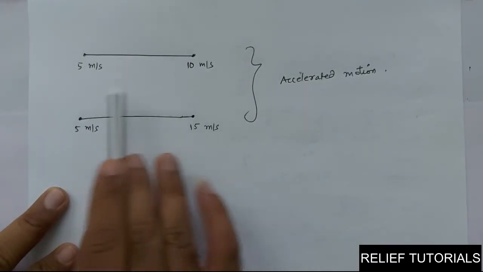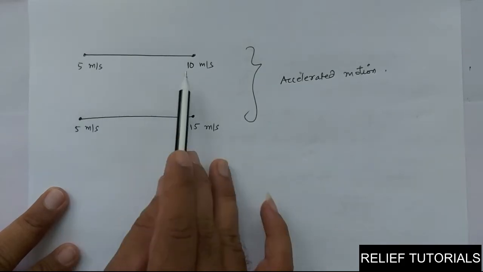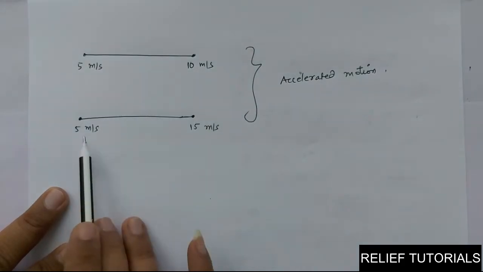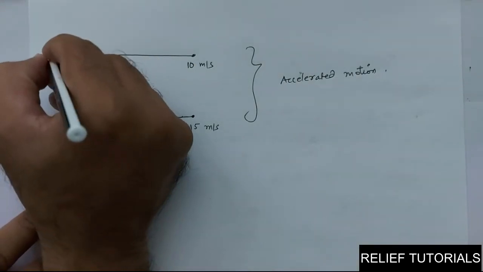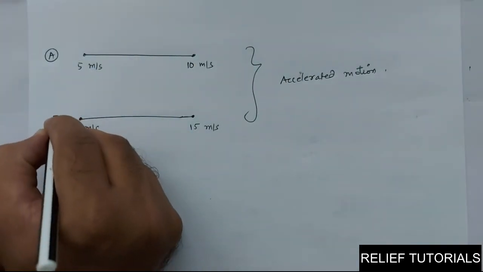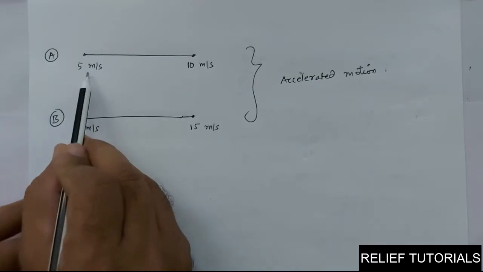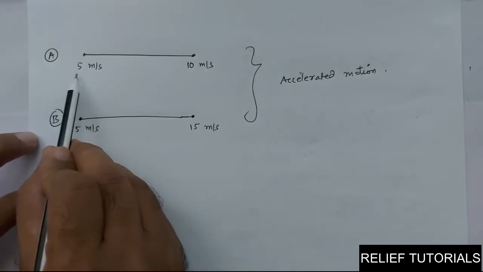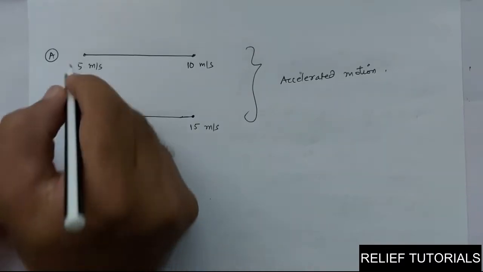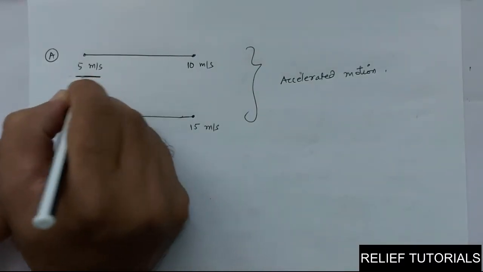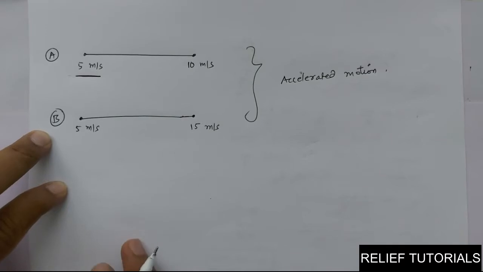Now, we understand that here the velocity was 5 meter per second and here 10 meter per second, and in these examples also. Now example A and example B. In example A, the first velocity is called the initial velocity. The first observation is called the initial observation, meaning initial velocity.